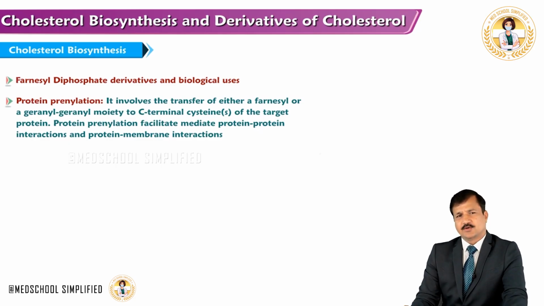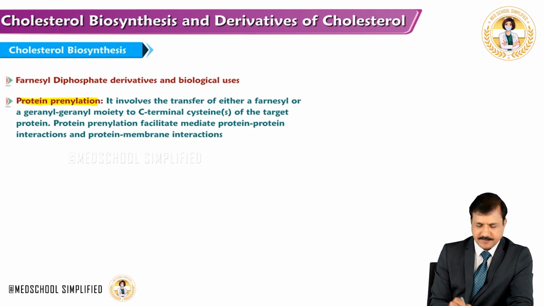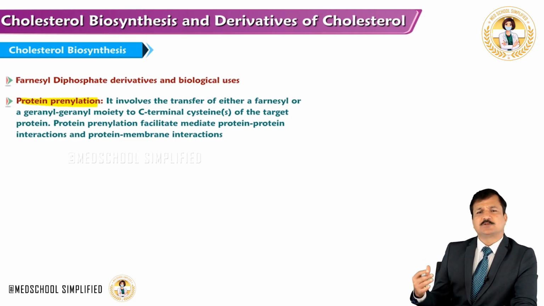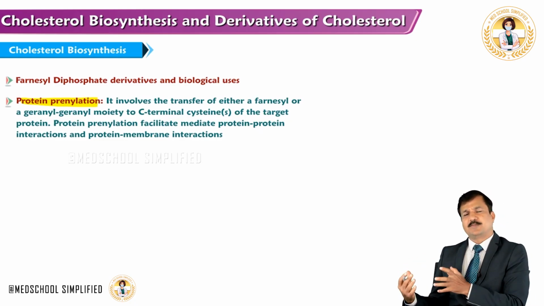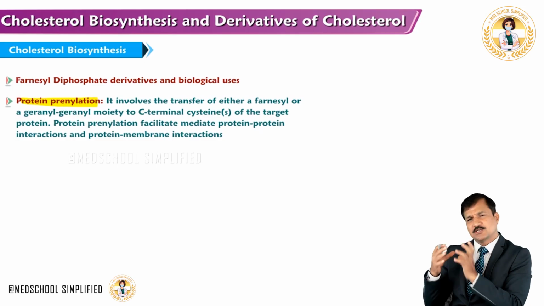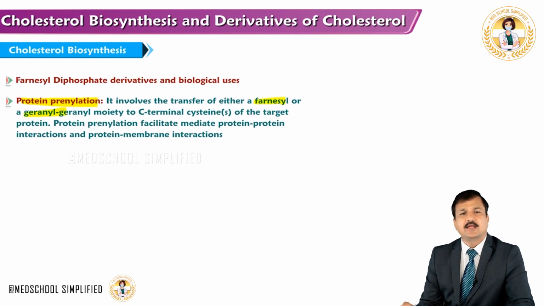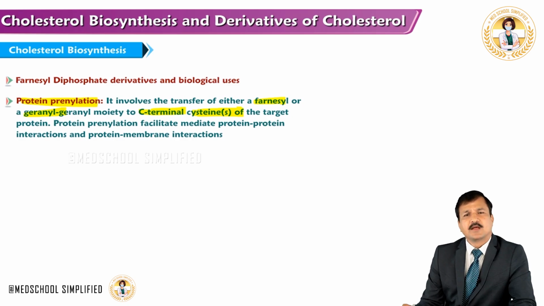Now, what is the other use of farnesyl pyrophosphate? It is protein prenylation. Protein prenylation involves the transfer of farnesyl or geranyl moieties, that is farnesyl pyrophosphate or geranyl pyrophosphate. So these farnesyl and geranyl molecules can be transferred to the C-terminal cysteine amino acids of a target protein.